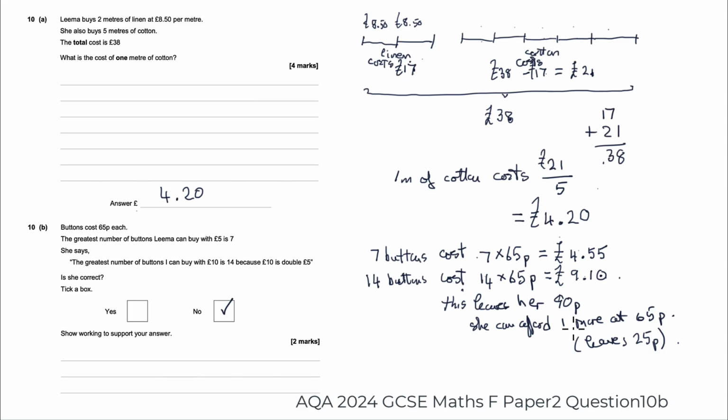She can buy 15 buttons. For all the reasons that I've got there. So you'd put the £9.10 down, and you'd put the 90 pence down, and say that she could buy 15 buttons. That would be enough to get you your marks.